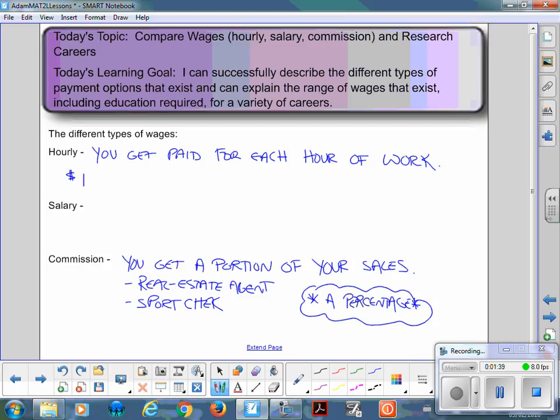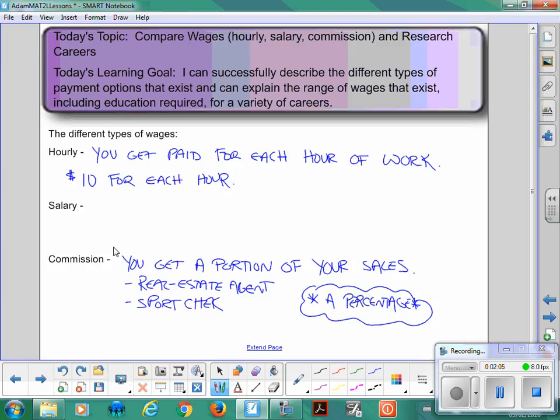So for example, I'll just go $10, just to keep life easy for us, for each hour. It doesn't matter whether you work extremely heavy labor, if you're working in construction, or you're working at Tim Hortons. If you get paid $10 an hour, you get the same amount of pay, regardless of the job associated with it.